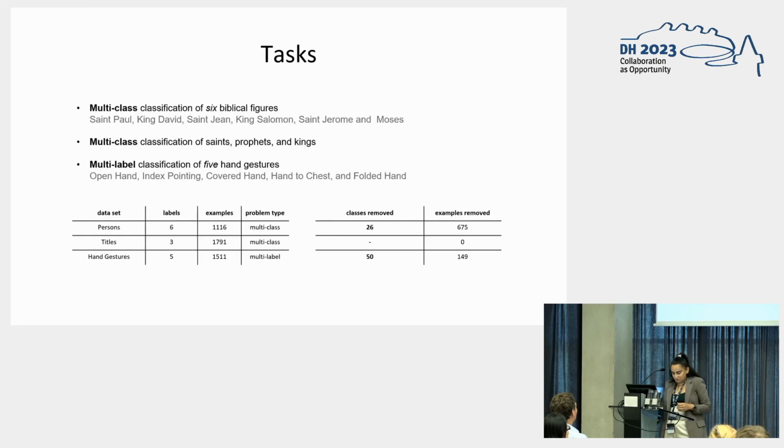So we essentially ended up with 3 different tasks: 2 multi-class classification tasks of biblical figures, multi-class classification of saints, prophets, and kings, and multi-label classification of 5 hand gestures.